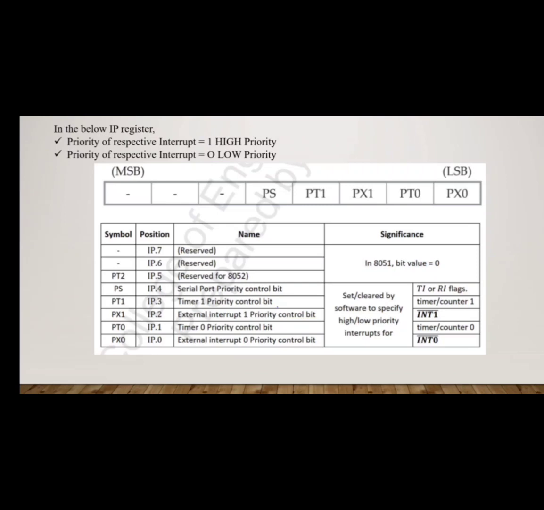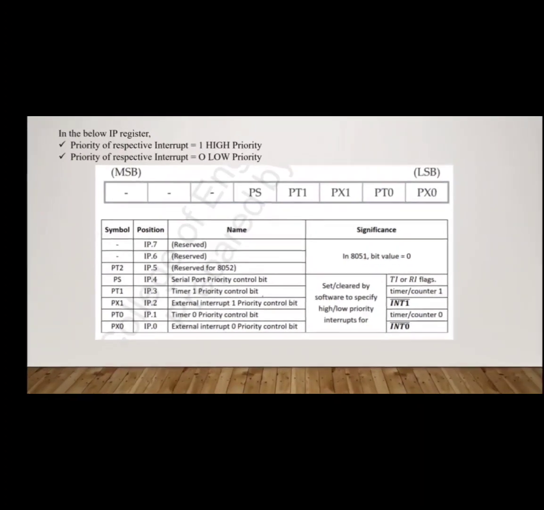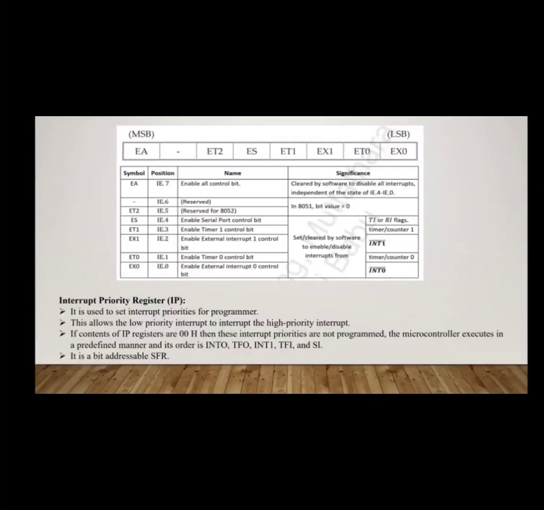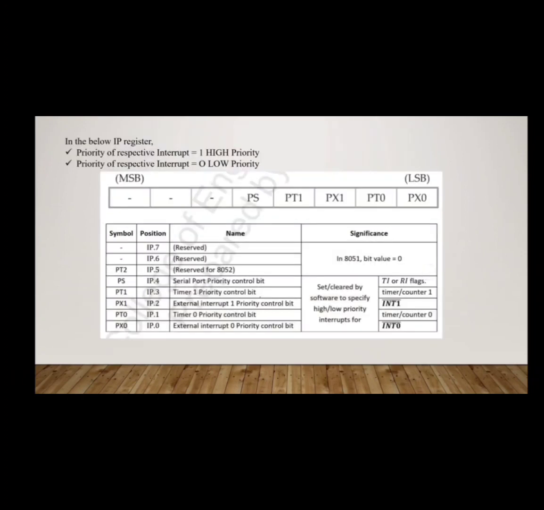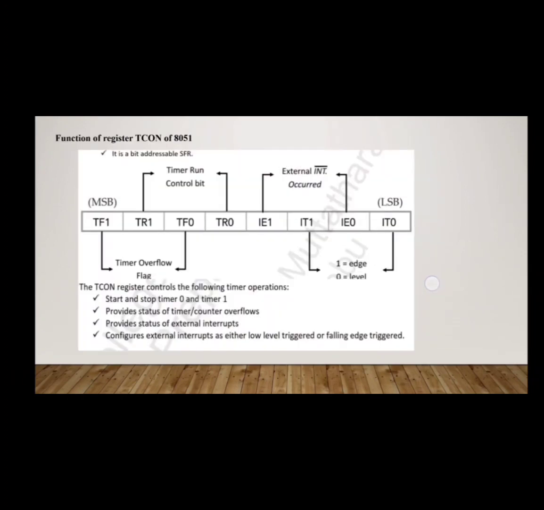PT0 is the timer 0 priority control bit, controlled by timer or counter 0. Then the LSB bit is PX0, which is IP0, the external interrupt 0 priority control bit, controlled by INT0. These are set and cleared by software. If set, it has higher priority; if cleared, it has lower priority. So that's all about the priority register.